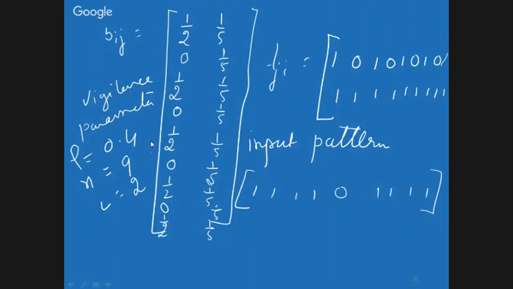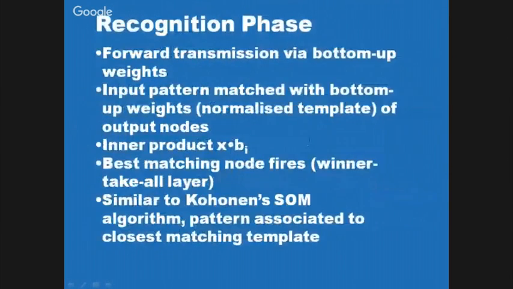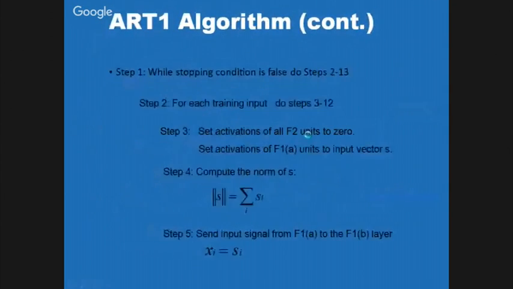So rho is equal to 0.4, n is equal to 1, and L is equal to 2. These are the 3 values. Now according to the algorithm, what you have to calculate first, we have to first calculate S equal to summation of Si, right?